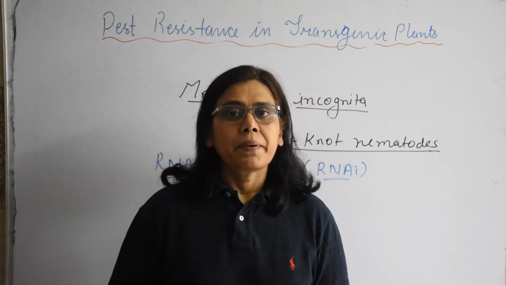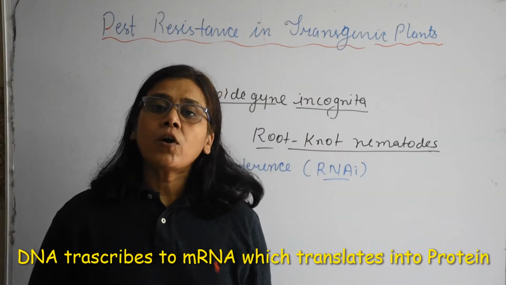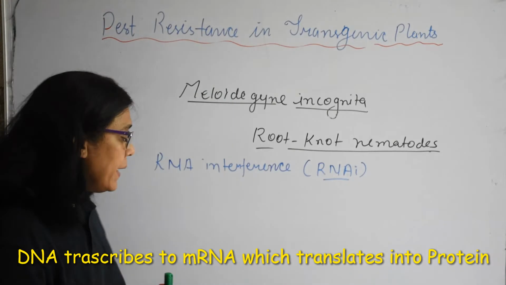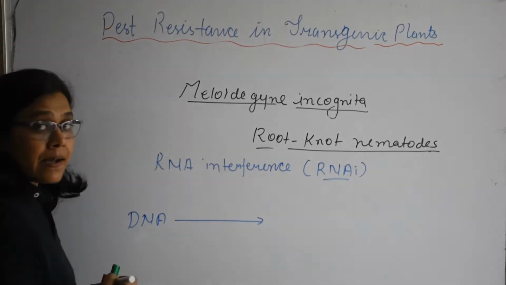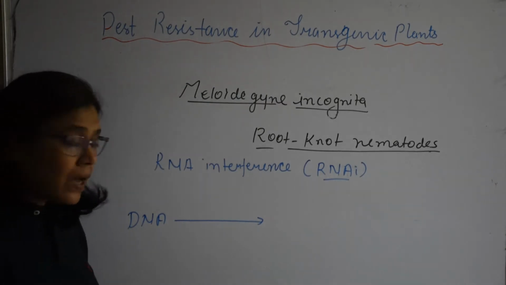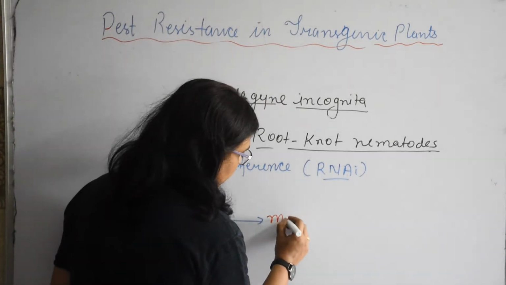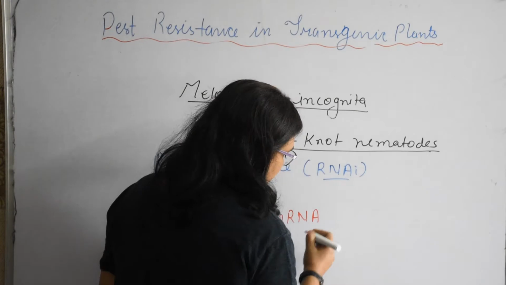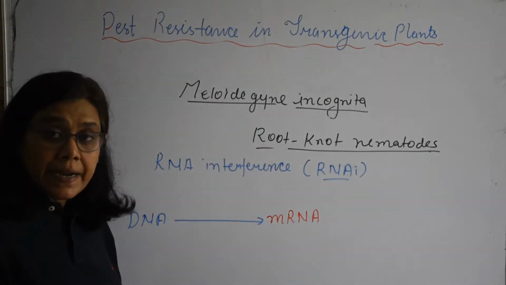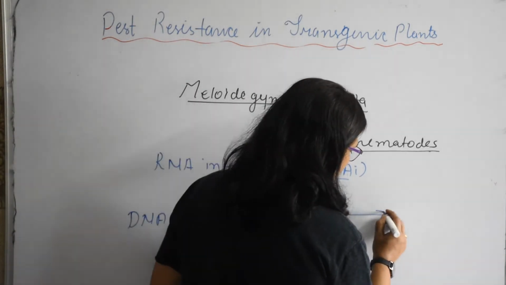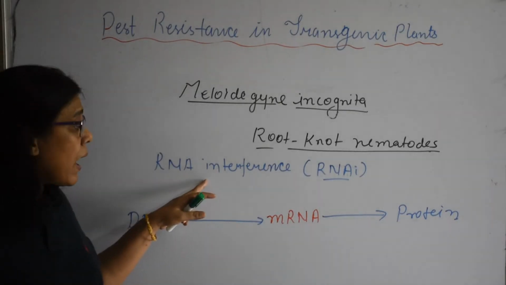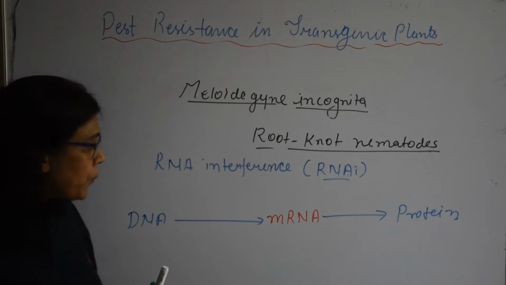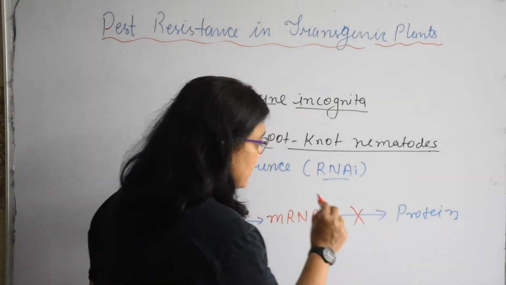According to the central dogma of molecular biology, DNA transcribes to messenger RNA, and messenger RNA translates into protein. In the process of RNA interference, the protein is not synthesized.